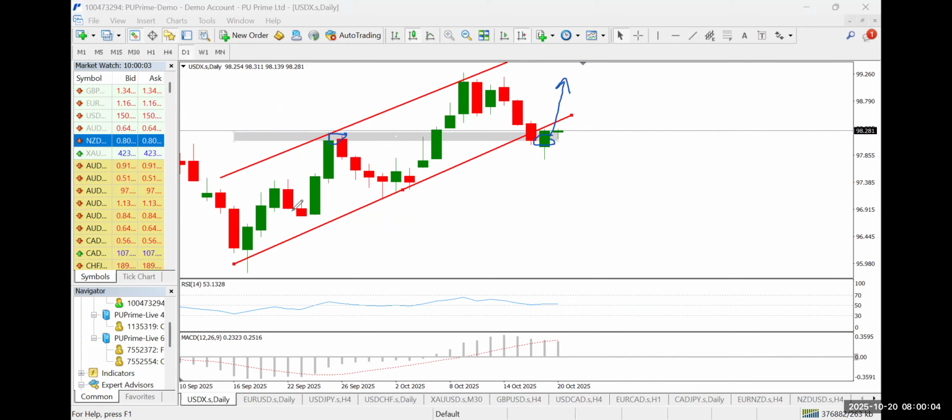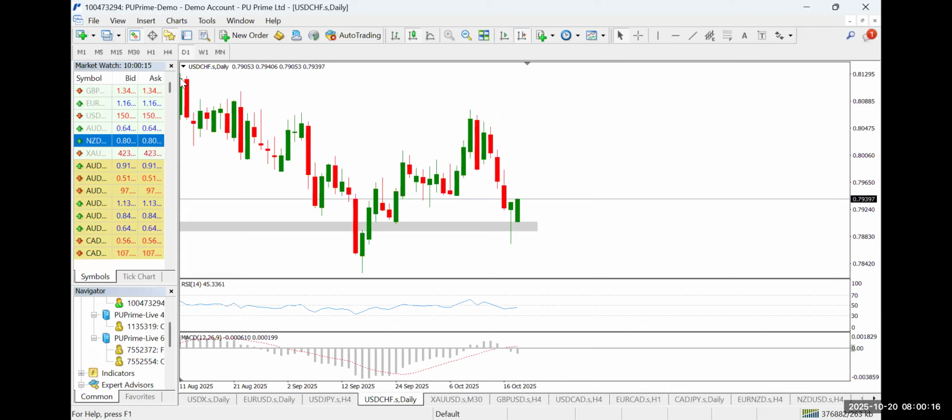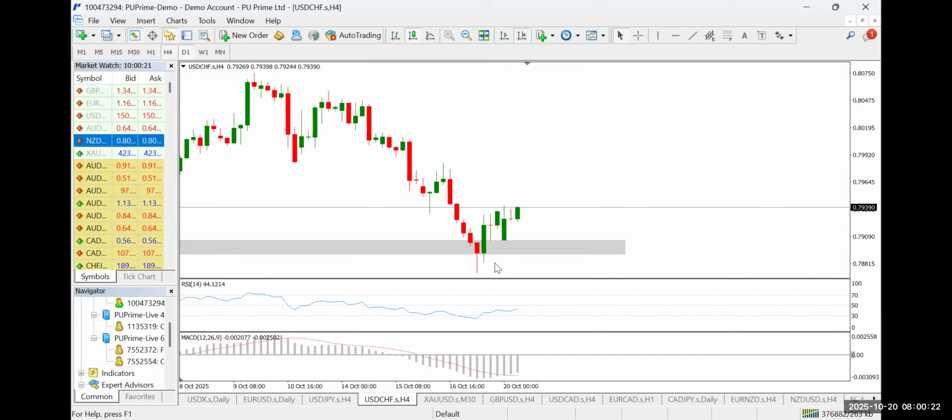But I'm not getting much clarity on the dollar index itself, so I'll just work with what I'm seeing on the USDCHF. USDCHF seems to be having some bullish outlook with a rejection candle on the daily time frame. And you can see today already it's showing signs of that bullish movement. You can see that reversal taking place right from here. So we'll go to the 1 hour time frame.